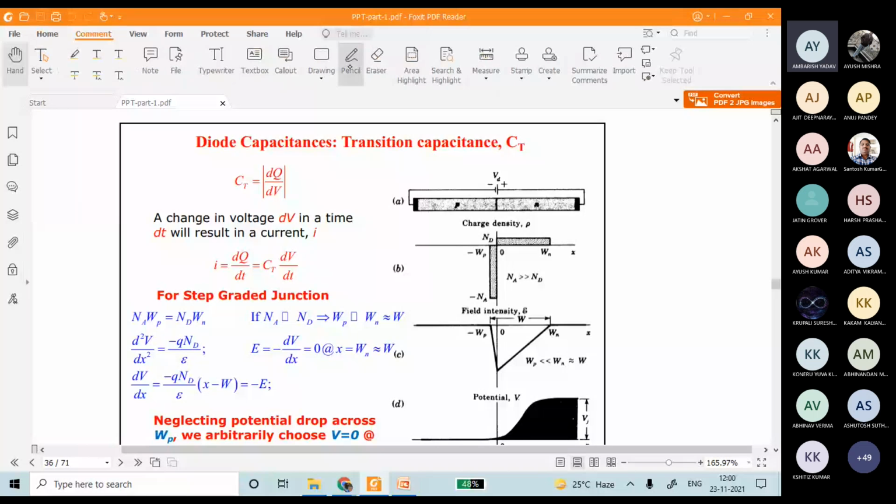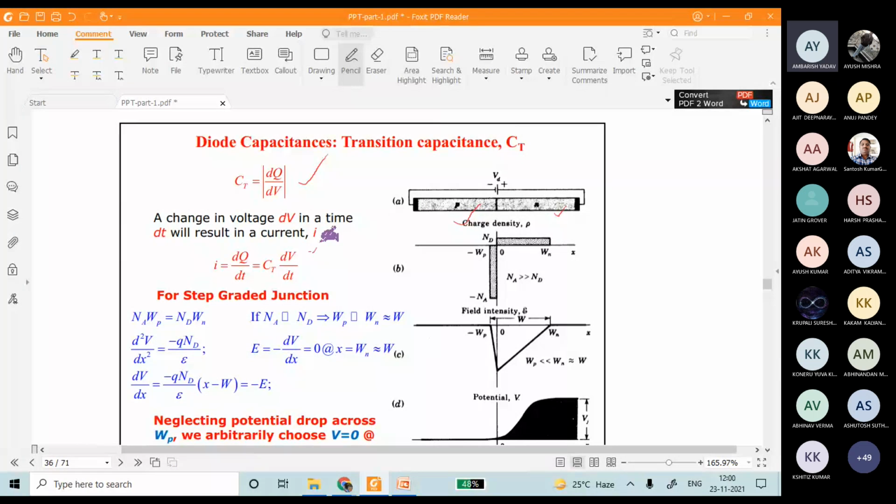The PN junction diode is here. So the CT can be defined as the rate of change of charge with voltage change, dQ by dV.